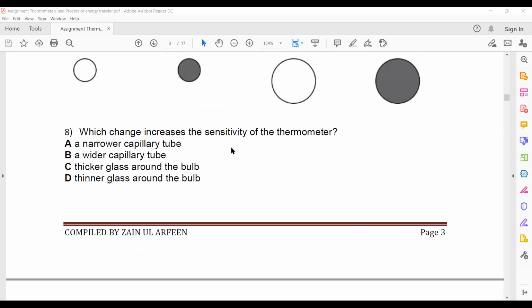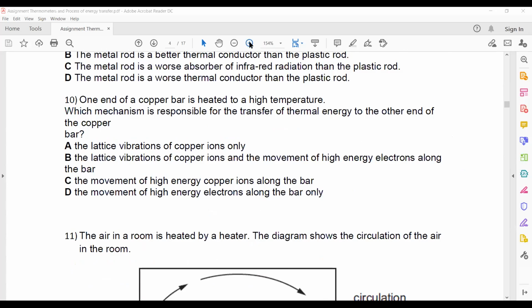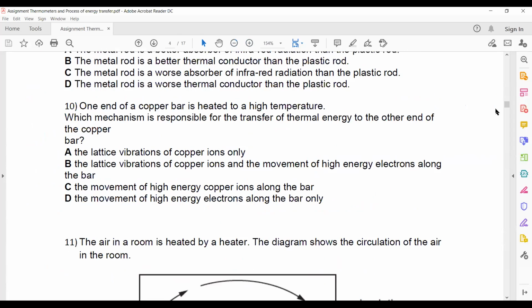Okay. So question 10, what could be the answer for question 10? Because copper is a metal, so lattice vibration and the movement of electrons.